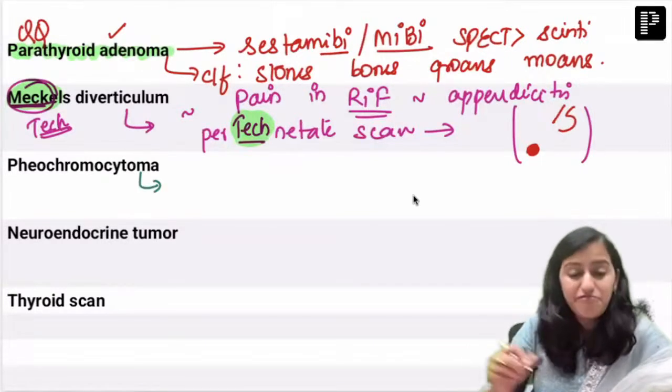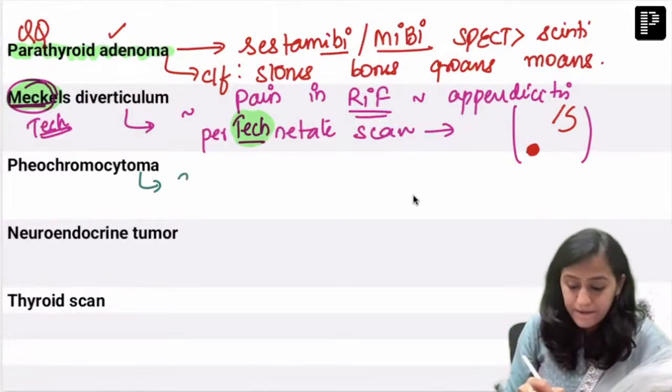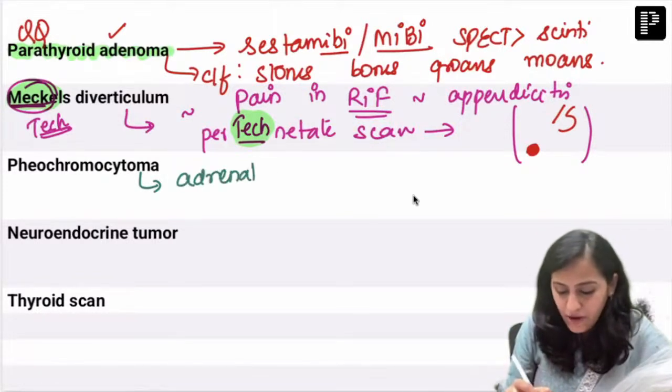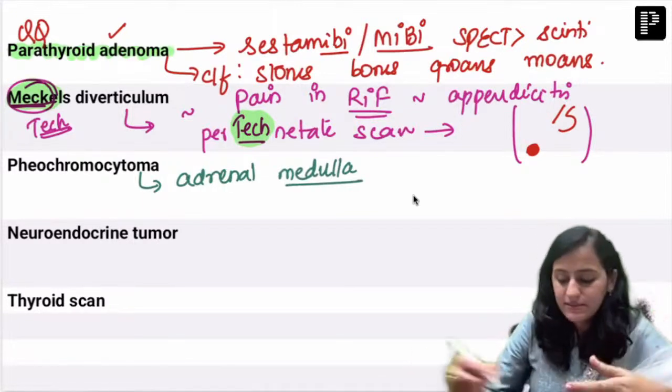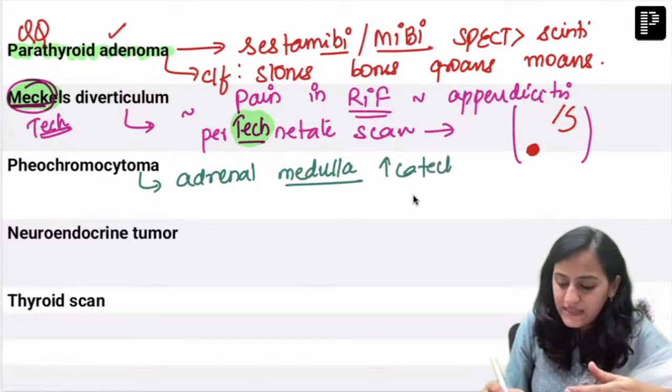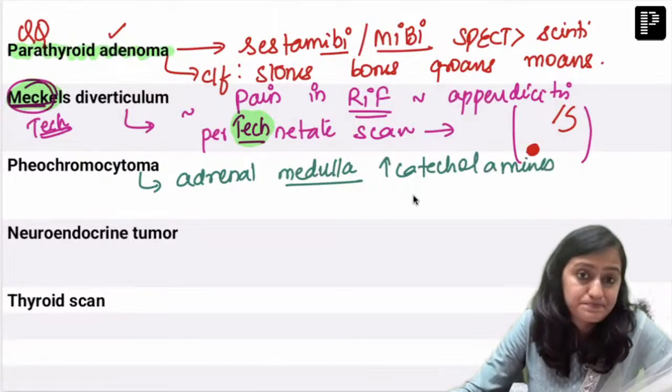Going to the next one, pheochromocytoma, which is a tumor of the adrenal cortex or medulla? Important points: it is a tumor of the adrenal medulla, where catecholamines come from. So basically here there will be increased catecholamines. So what is the screening test that you do for pheochromocytoma?